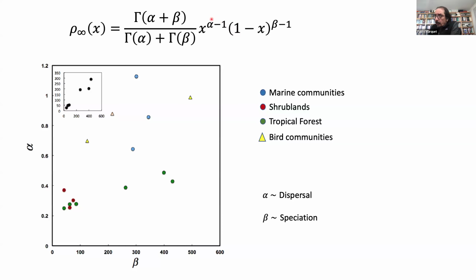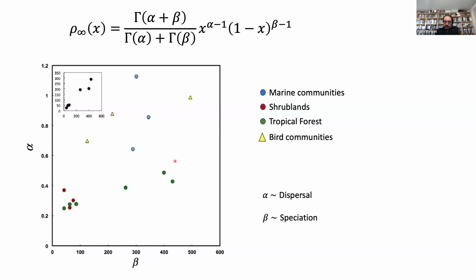Alpha, we know now, is everything about the factors that allow for the dominance of a particular species in a particular community. And beta is everything that counterbalances that dominance. The balance between alpha and beta allows for coexistence, and we now know that they are related to things like migration and extinction rates in ecosystems.